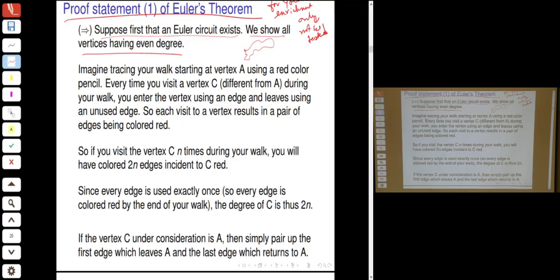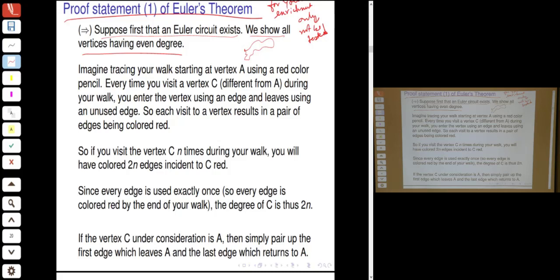If the answer is yes, then Euler's theorem tells you that there exists some Euler circuit, that is some walk which traverses every bridge exactly once and comes back where you started from.